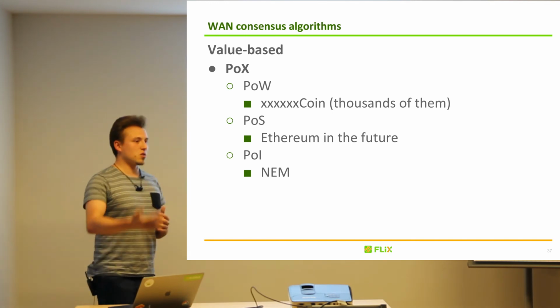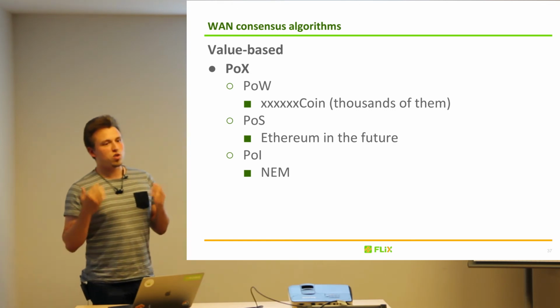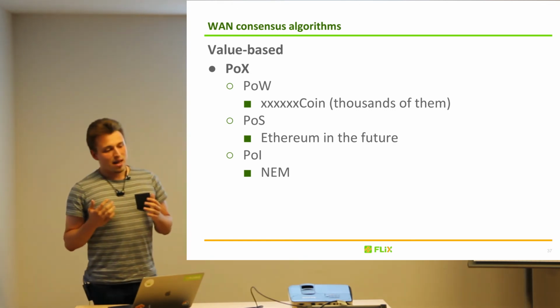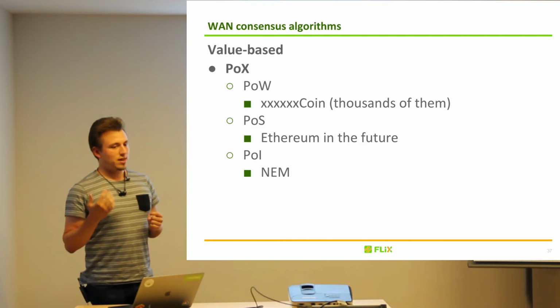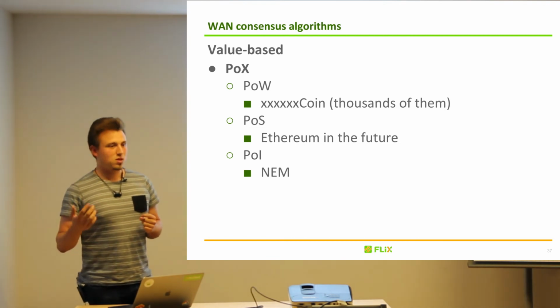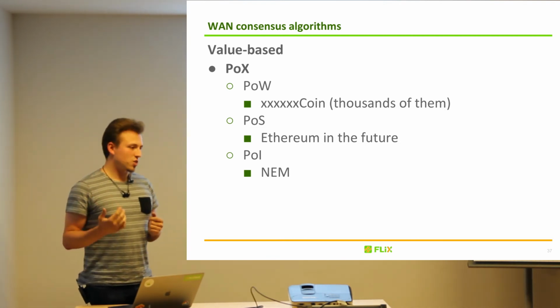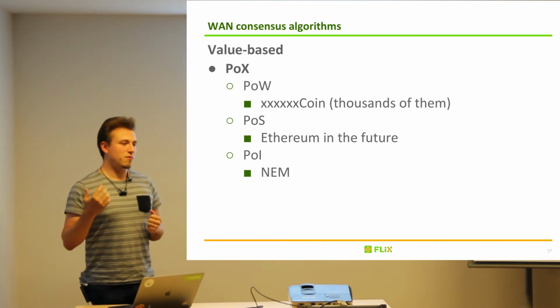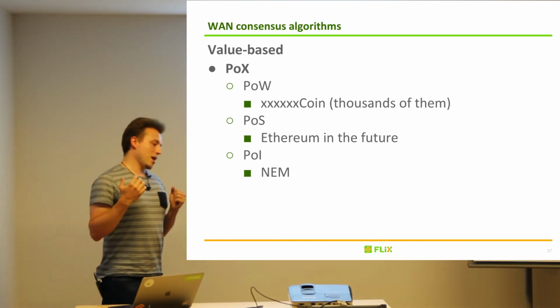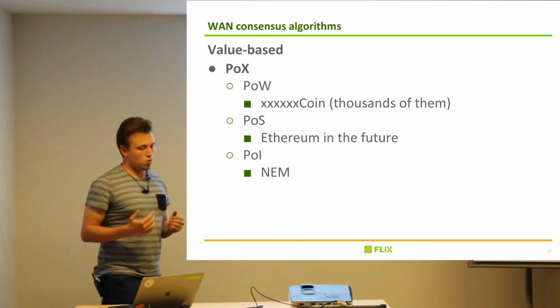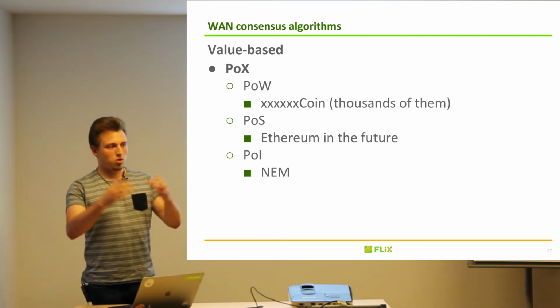Proof of stake is the opposite. The richer the node gets, the more probability that it will lead the consensus, but the higher the punishment is if the node actually is malicious and tries to oppose the majority of the network.